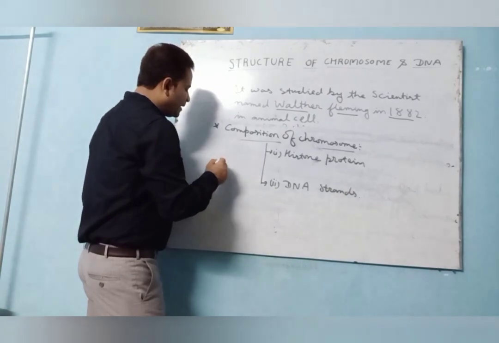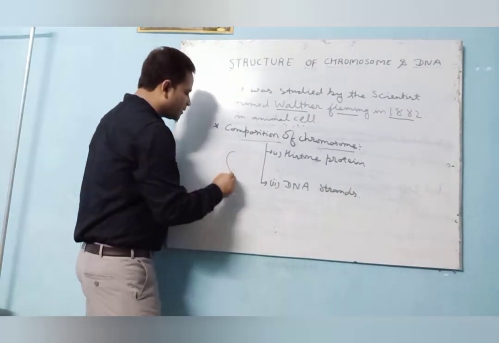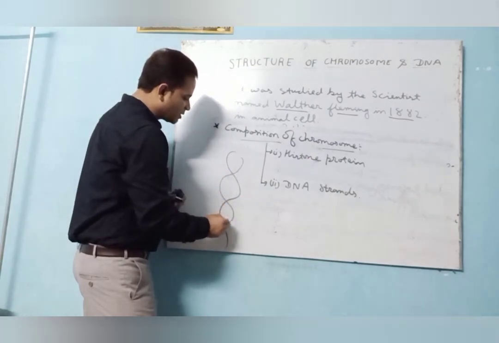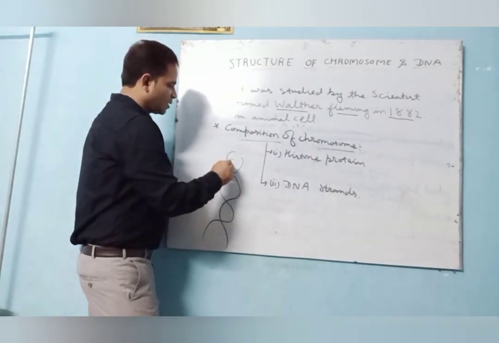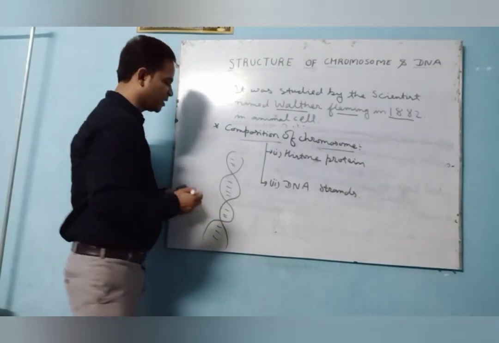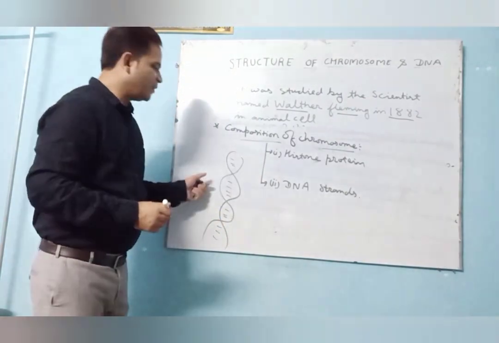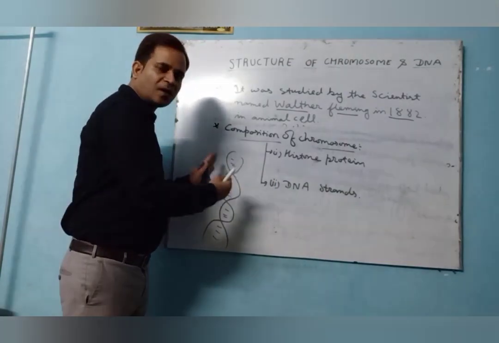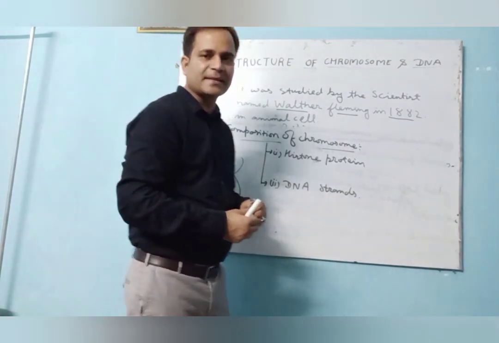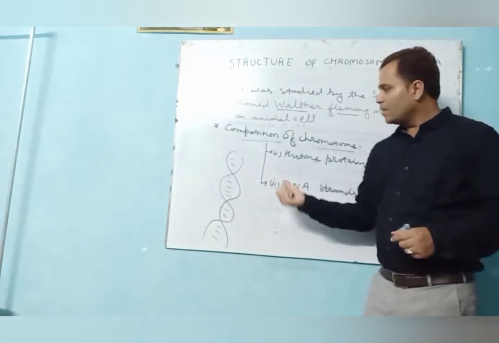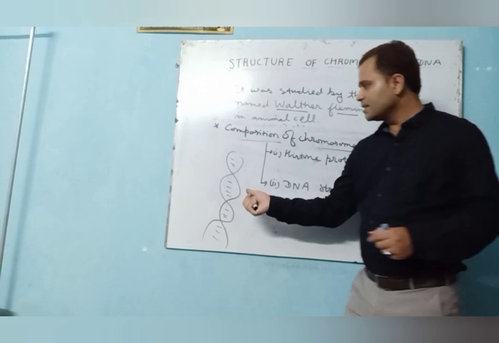Double helical structure means what? This one is the helical structure, which is attached by two sides of the nitrogenous base. So here it is double strands.